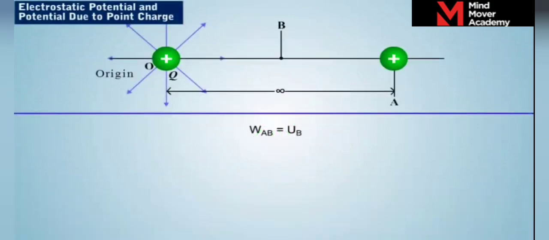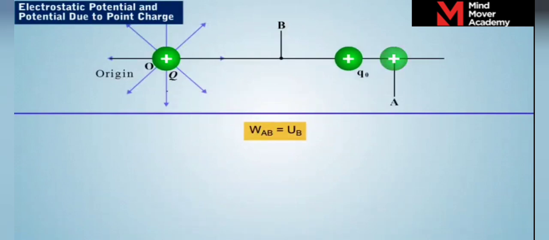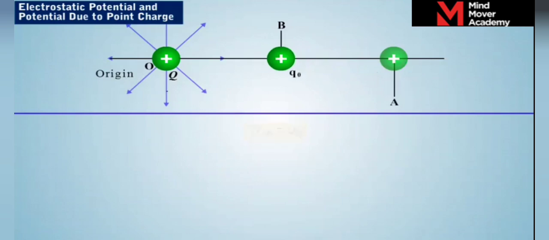That is, the work done to bring the charge Q0 from point A at infinity to point B is equal to the potential energy of Q0 at point B.